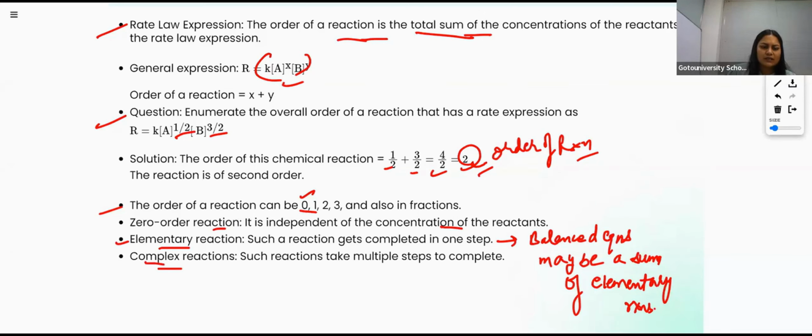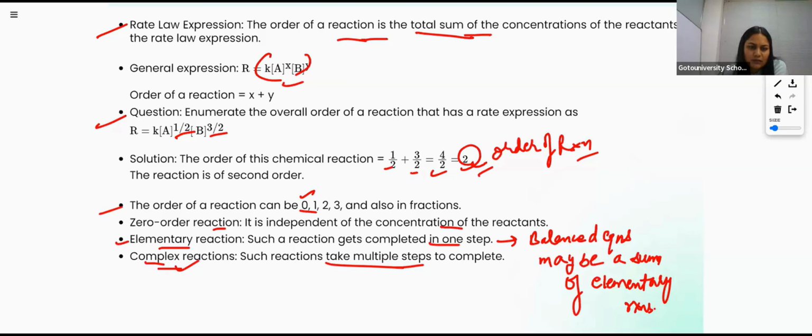And complex reactions are the reactions which take multiple steps to complete. Elementary reactions are completed in one step only. For more than one step, say 2, 3, 4, 5, they come in the category of complex reaction.